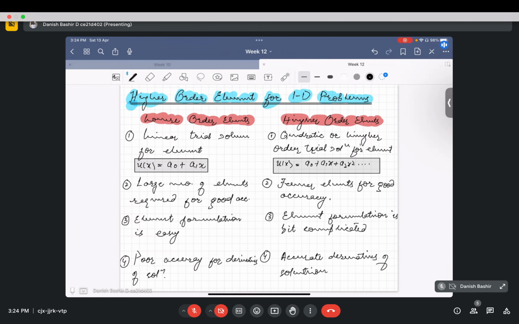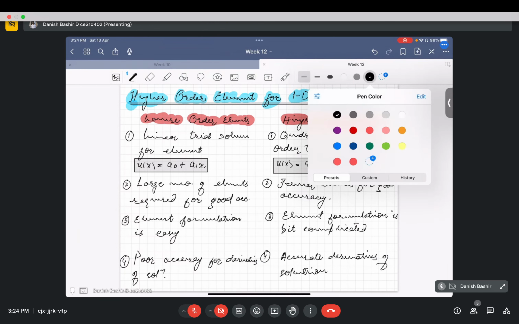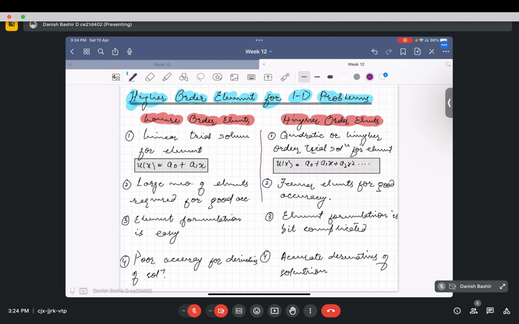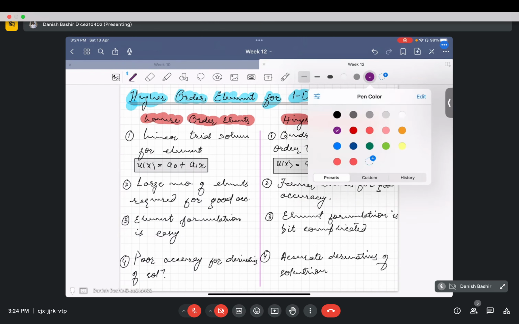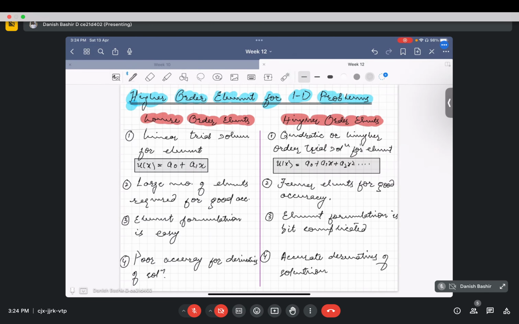This is the basic difference between the two things.